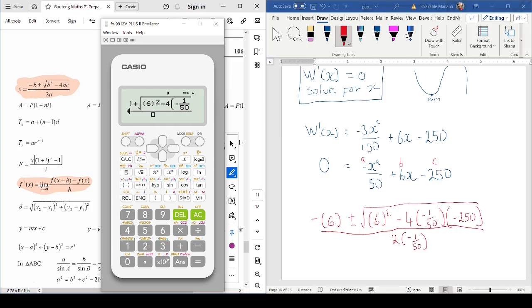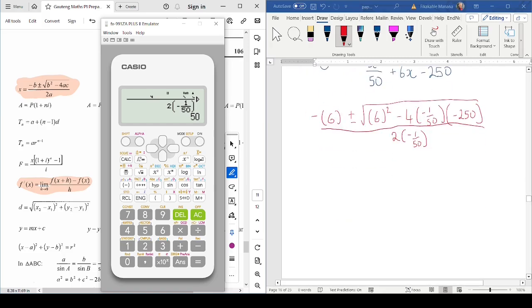Go to the side, close it, open another one, then it's minus 250 there, close it, and you go downstairs, it's 2 times minus 1 fraction, put 50 there, go to the side, close it, and that's equals to, so I can then say x is equals to 50.